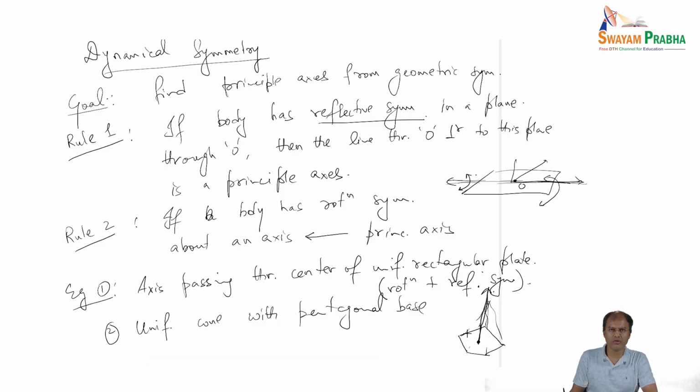So that is a natural choice of the principal axis. Okay, so this is the axis passing through G, which is the center of mass, right?